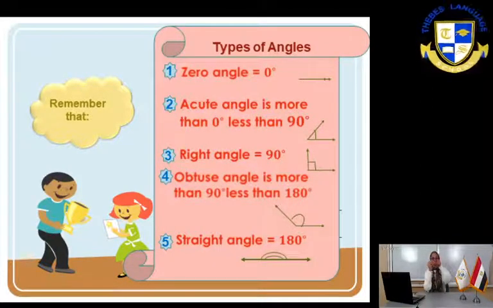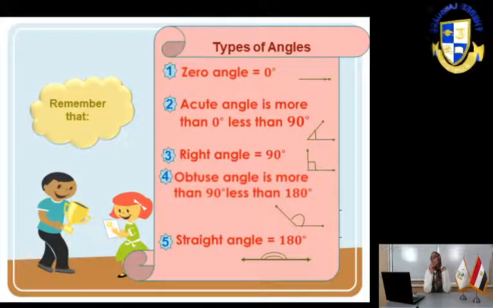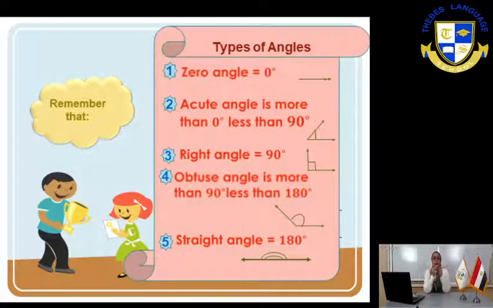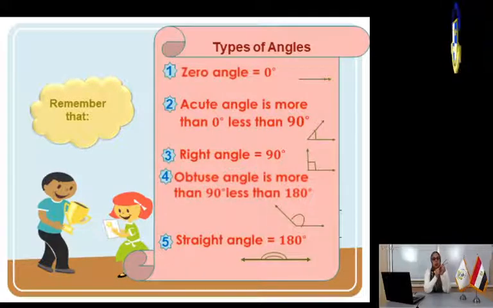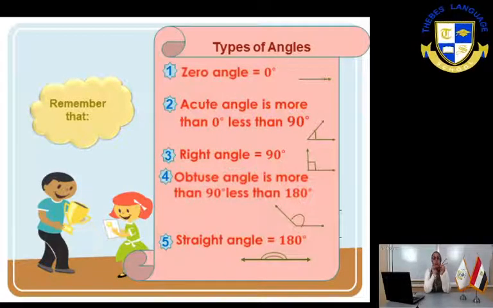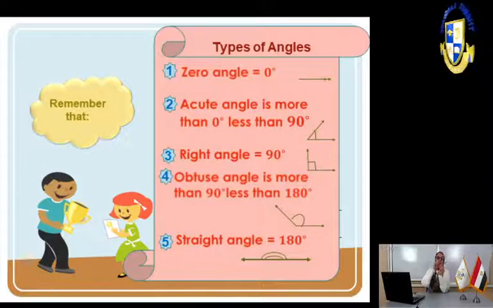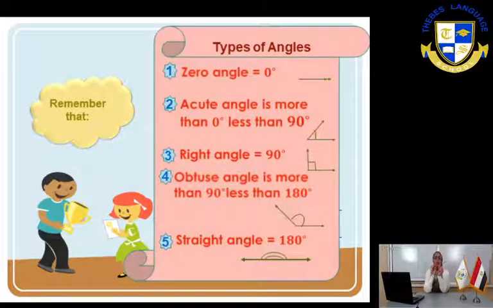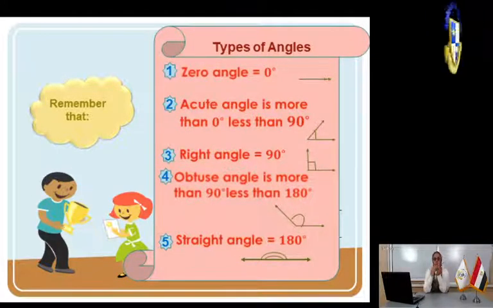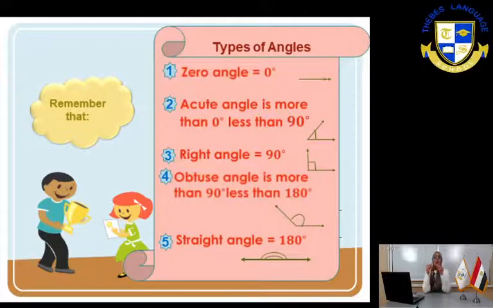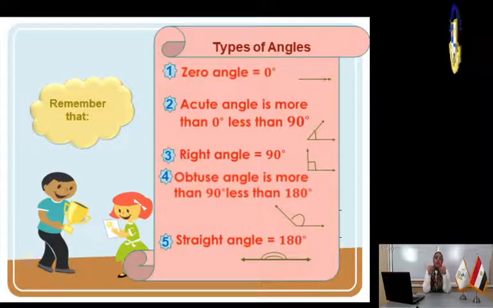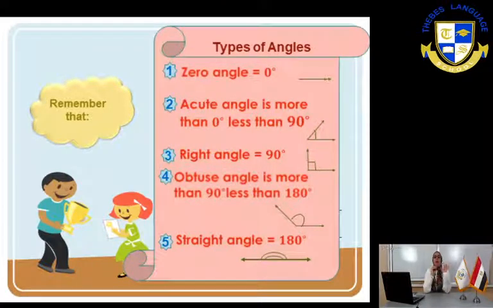This space we call an angle, okay? And this intersection point we call the vertex. Any angle has two sides, which are the two rays that form the angle. The measuring unit of angle is the degree, and the measuring tool is the protractor.